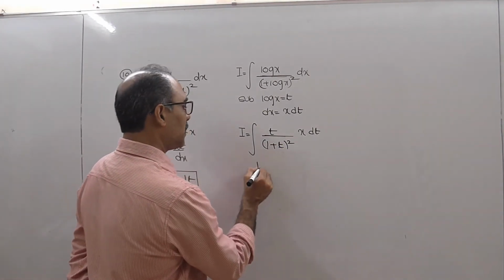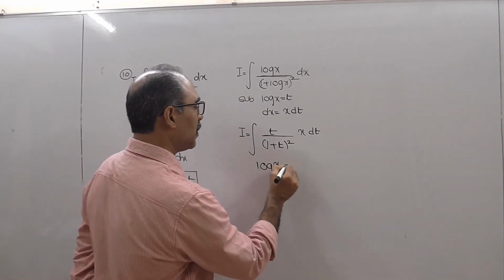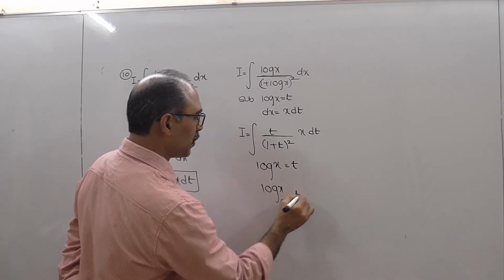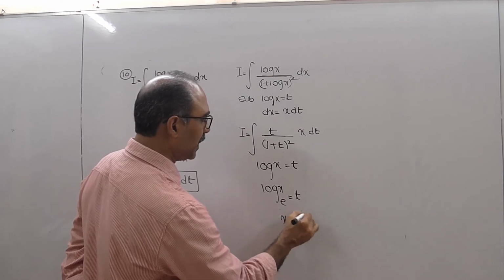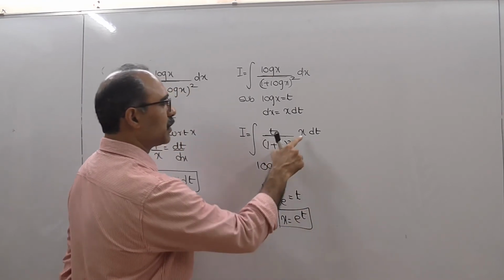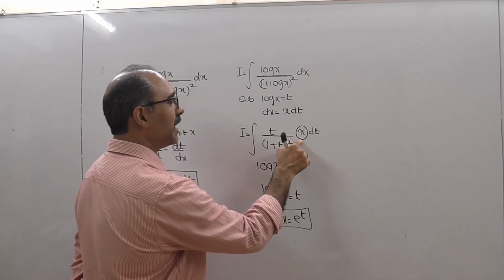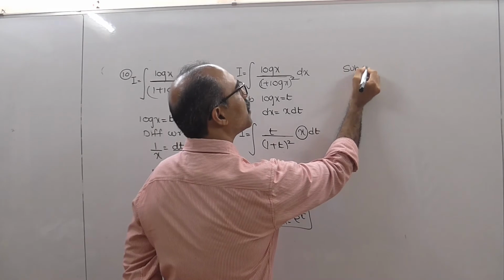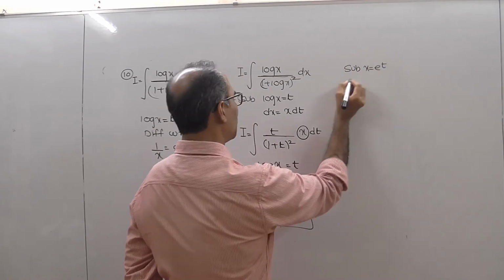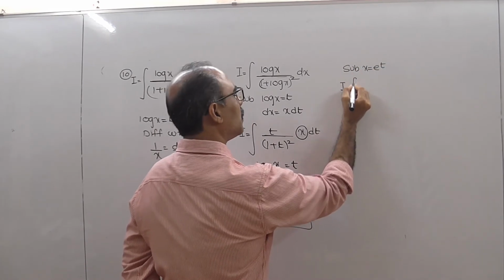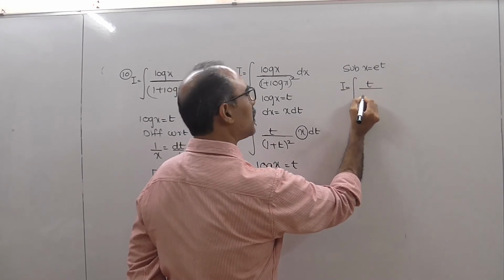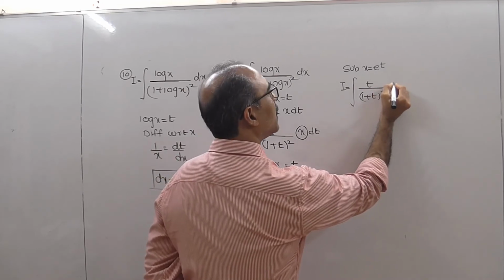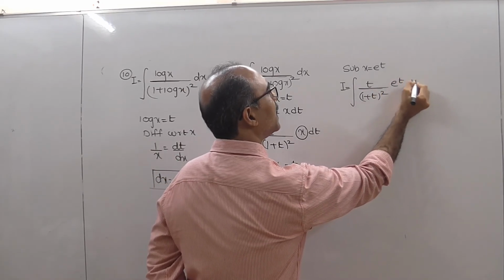As in the previous sum, log x equal to t, meaning log x to the base e equal to t, therefore x will be equal to e raised to t. You have to use this rule. So this x should be replaced with e raised to t. Everything will become in terms of t. So I equal to integration of t upon 1 plus t the whole square, and this is e raised to t dt.